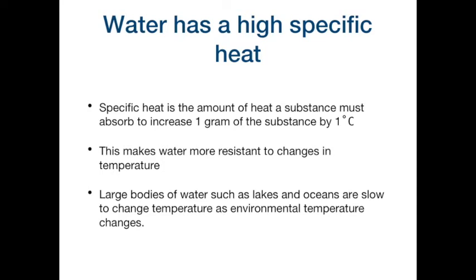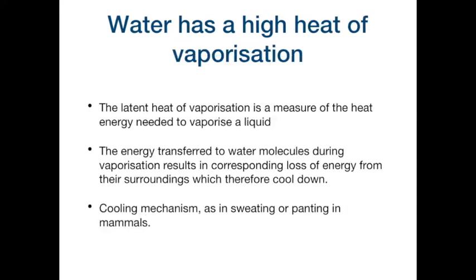That means that the temperature within cells and within the bodies of organisms, which have a high proportion of water, tends to be more constant than that of the air around them. Okay. Let's move on. It has a high heat of vaporization. What on earth is that?